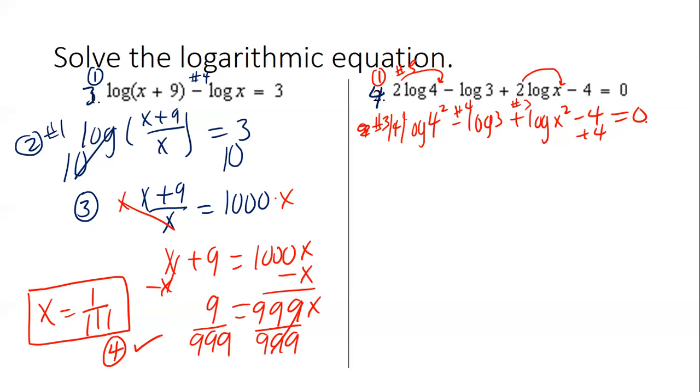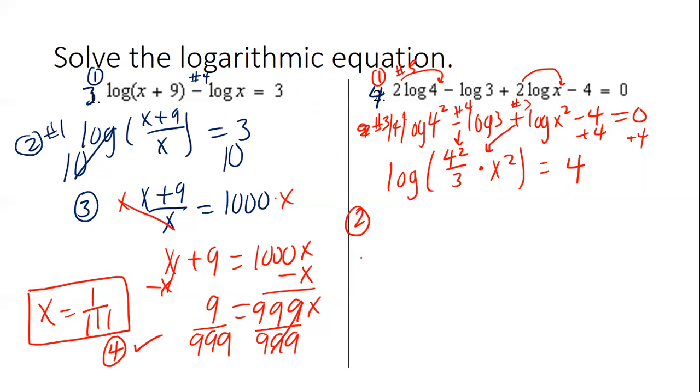No. So he's being shipped to the other side of town. So we have log of 4 squared divided by 3 times x squared equals 4. So subtraction became what? Division, and addition became multiplication. And why did we move the 4? Because it didn't have a log. Now I have one log.